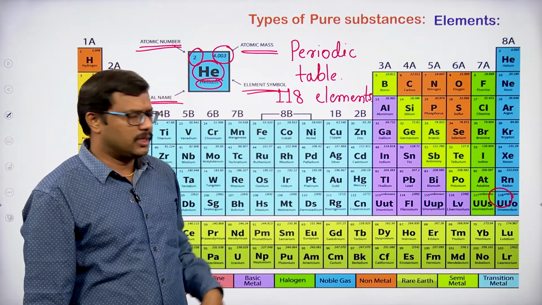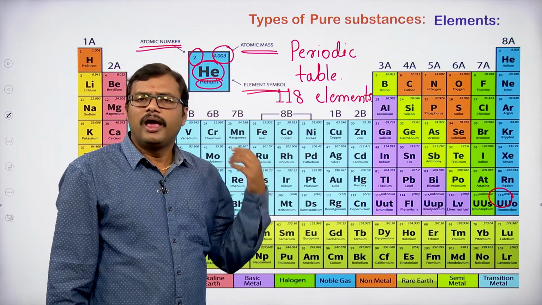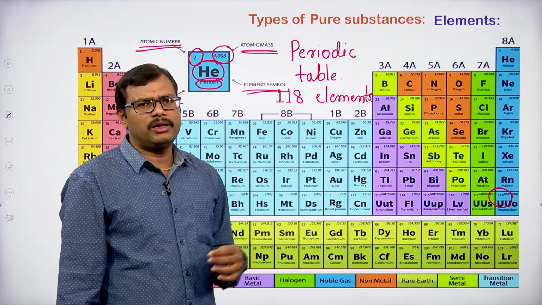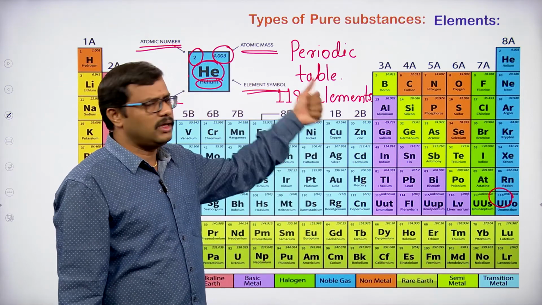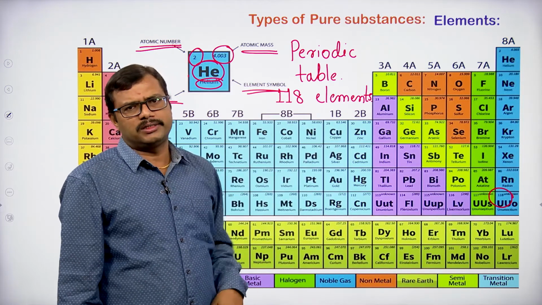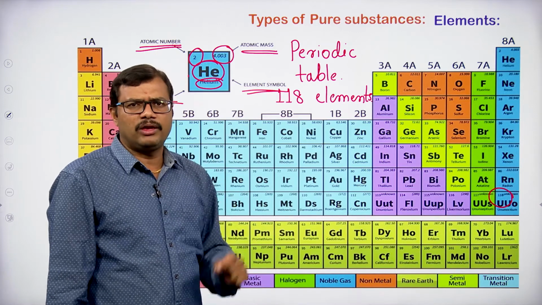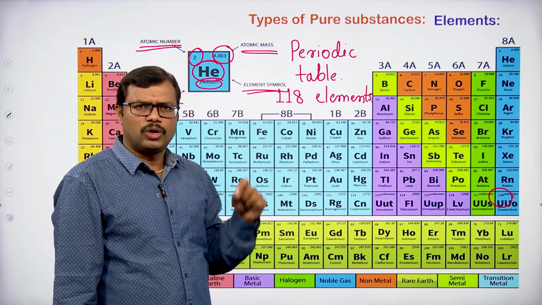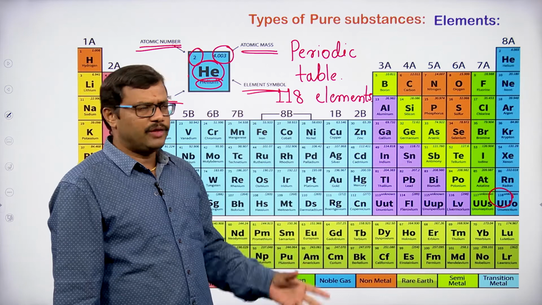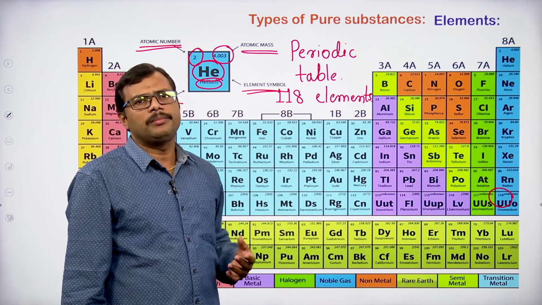In total, how many elements do we have in our periodic table? We have 118 elements. These are the substances which on fine division give only the same kind of atoms. Therefore, all these are said to be elements.